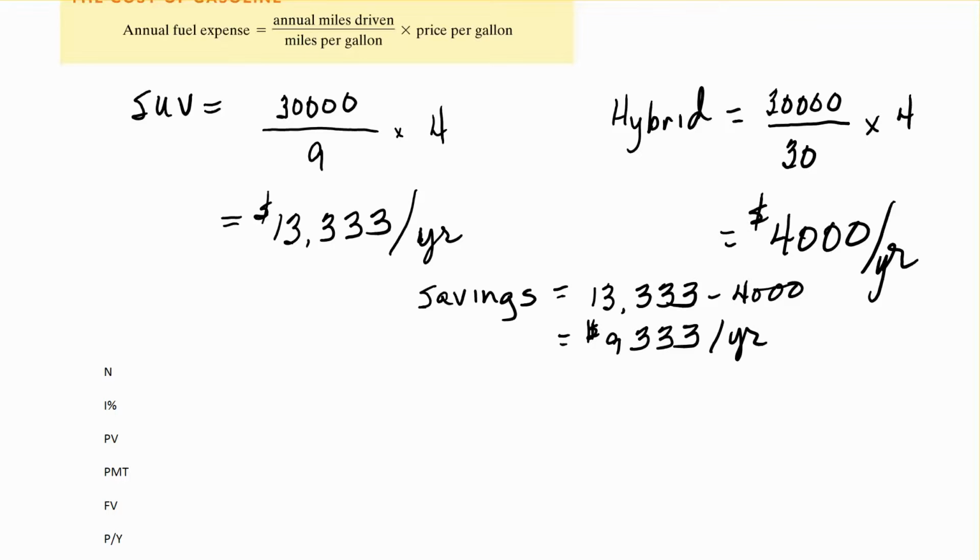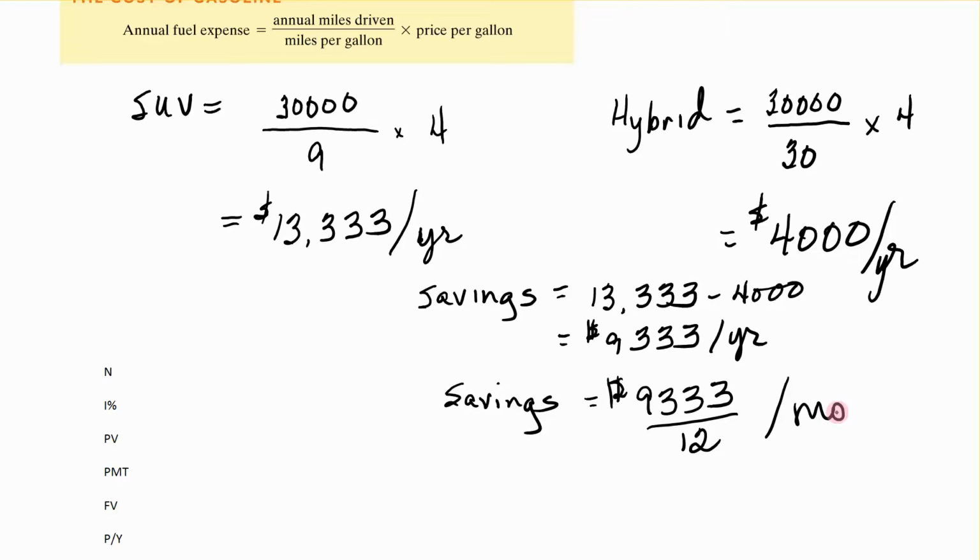So your savings is also 9,333 divided by 12. This will be money per month. So if I divide that, I will get $778 per month. And it's so easy to not read those units and to mess up on that.